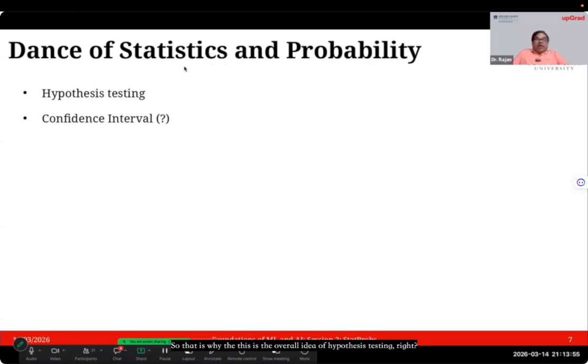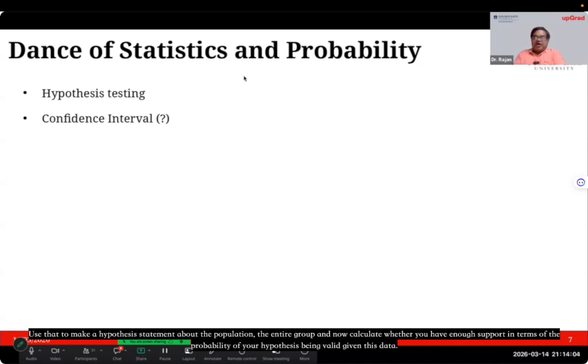This is the overall idea of hypothesis testing. You bring in statistics, which is what you measured on the sample, use that to make a hypothesis statement about the population, the entire group, and now calculate whether you have enough support in terms of the probability of your hypothesis being valid given this data.